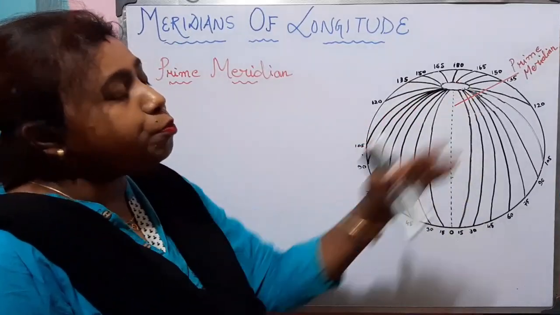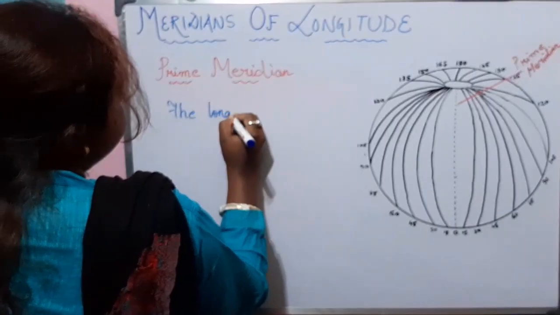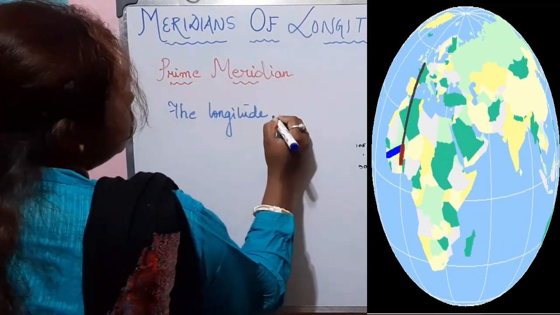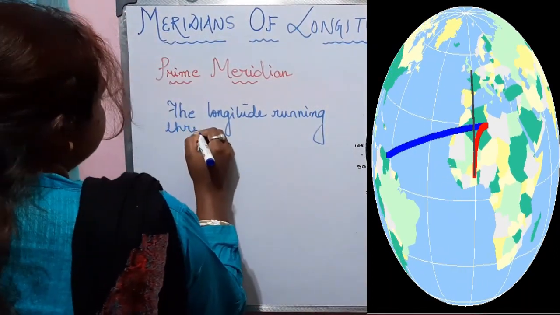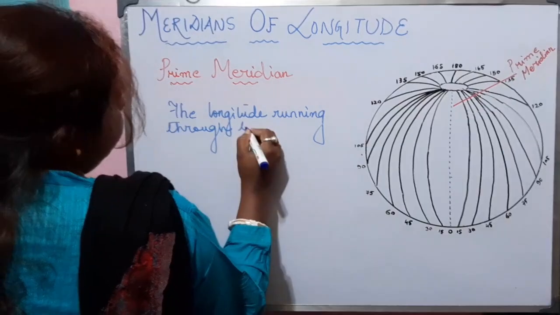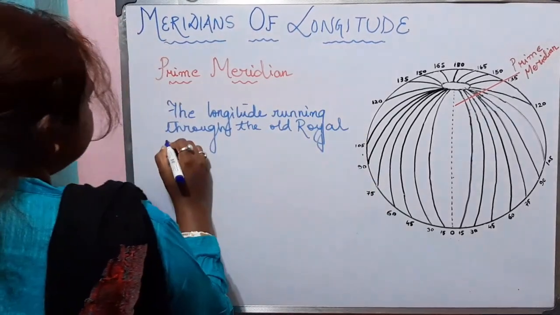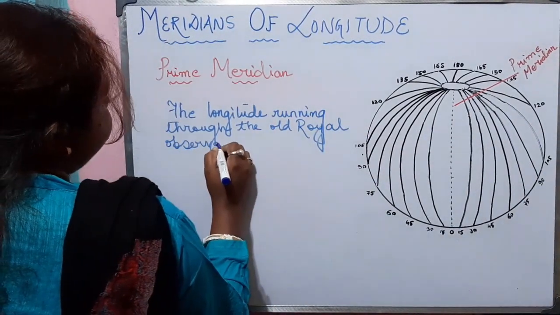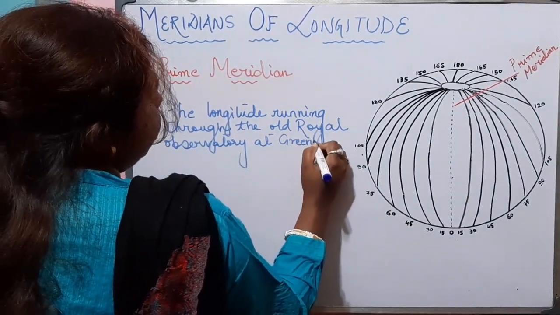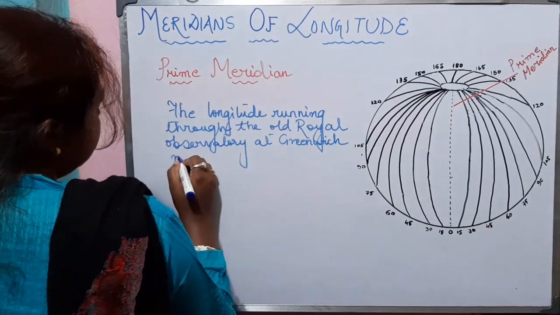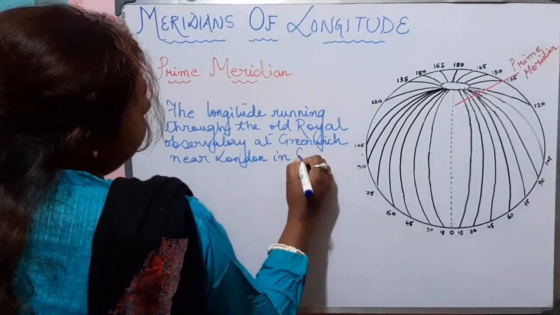Now let us know, what do you mean by prime meridian? What is prime meridian? The longitude running through the old Royal Observatory at Greenwich near London in England.